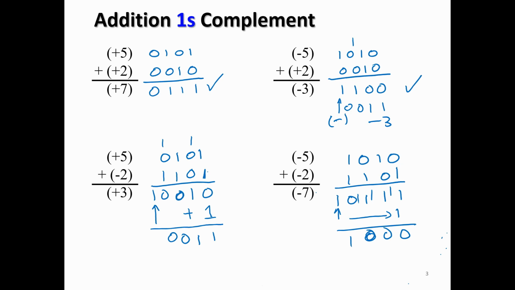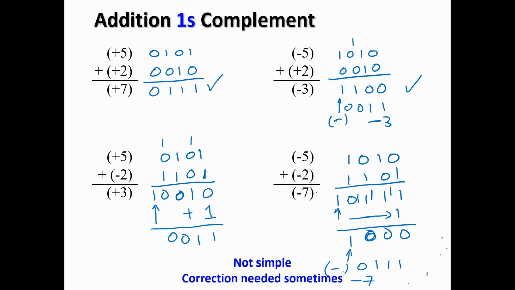Okay, so 1000. That's a signed number. That will be a negative, and then we invert all of the bits, so 0111, which is negative 7. As you can see, it's not very simple. A correction is needed sometimes. Sometimes it's needed, sometimes it's not needed. In the top scenarios, we don't need to add the extra bit to the result.